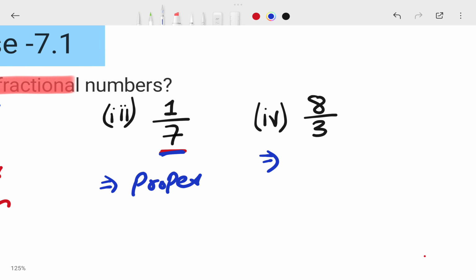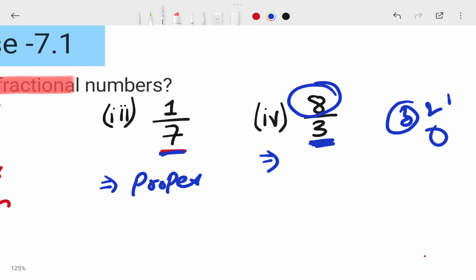So let's talk about this one. Your teacher conducts an exam for 3 marks and a student says I will get 8 marks. Is it possible? No. If a question is for 3 marks, you can get full marks, 3, otherwise 2 marks, otherwise 1 mark, otherwise 0 marks. But out of 3 marks, how will you get 8 marks?